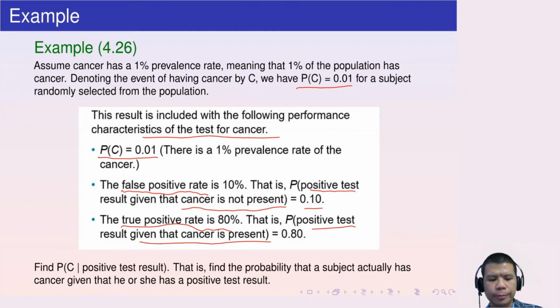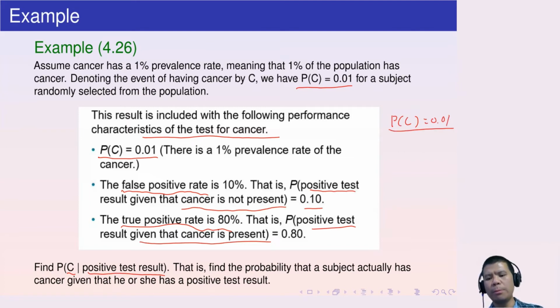Now, what do we want to find? We want to find the probability of cancer given a positive test result. That is, to find the probability that a subject actually has cancer given that he or she has a positive test result. Okay, so as we know, the prevalence rate, the probability of C, is 0.01.